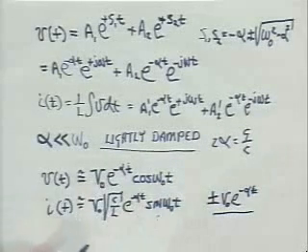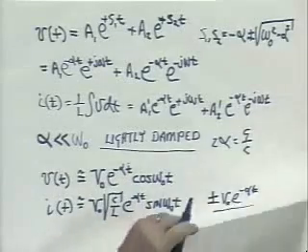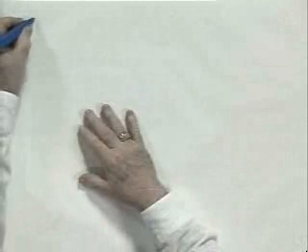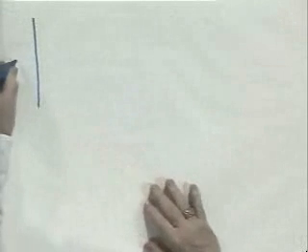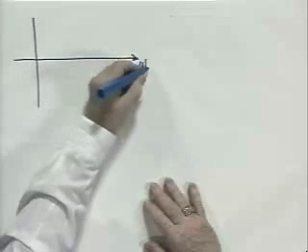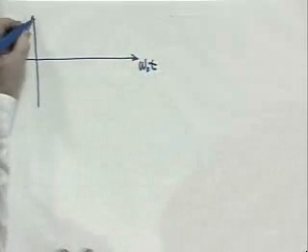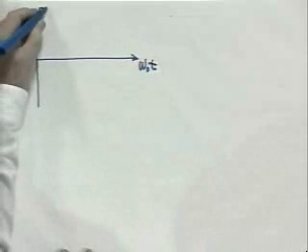Now I want to sketch one of these. I wouldn't dare attempt to sketch both and keep them in proper phase relationship, but let's sketch just the voltage. This is omega naught t. This is the voltage V of t.